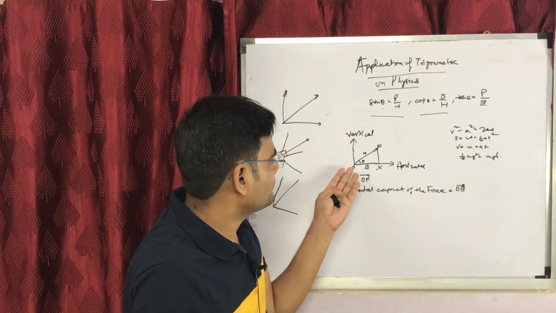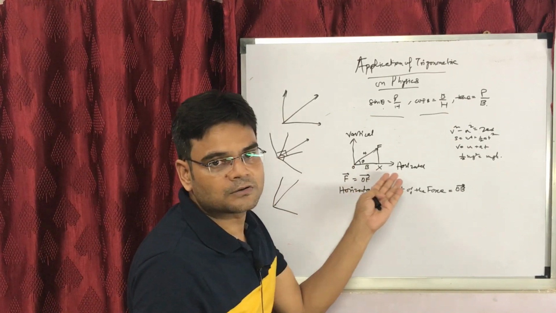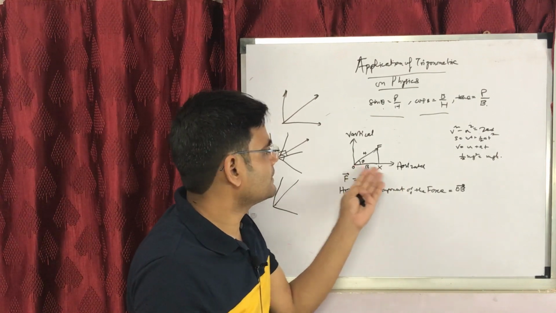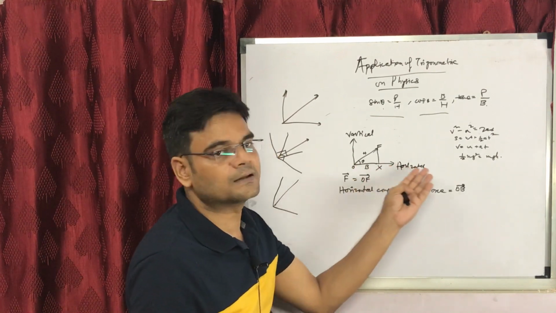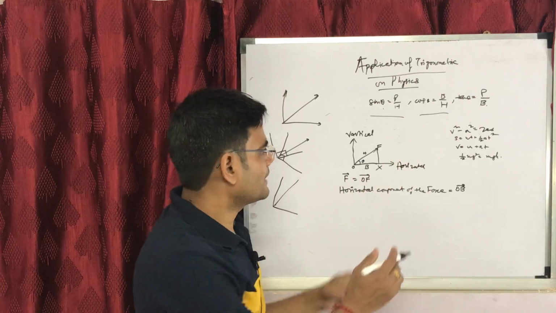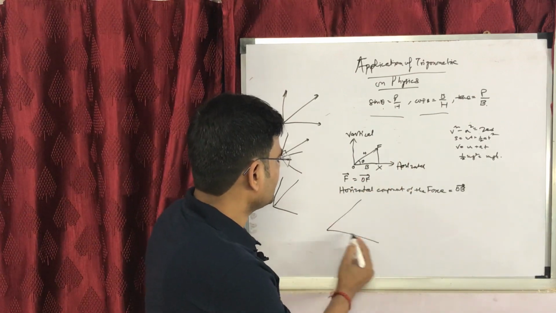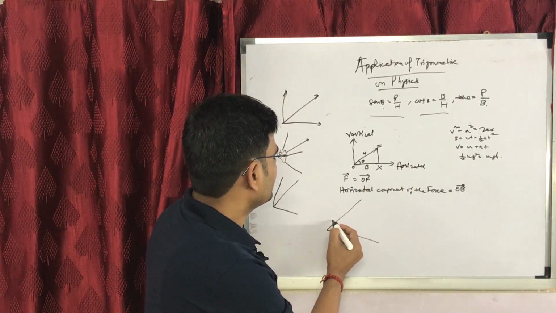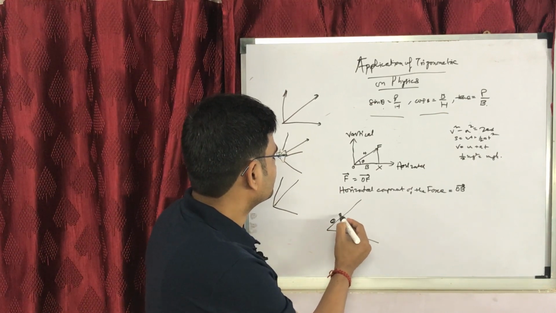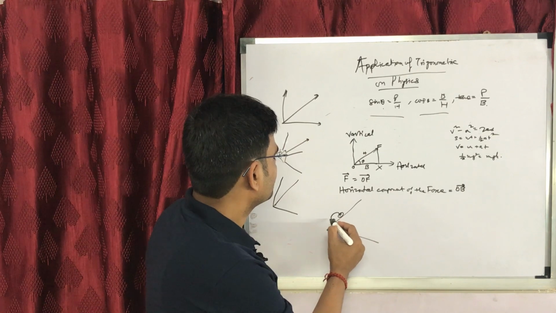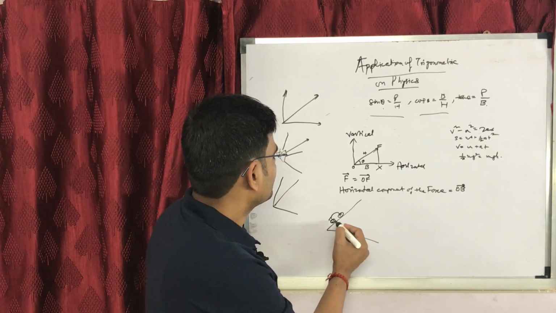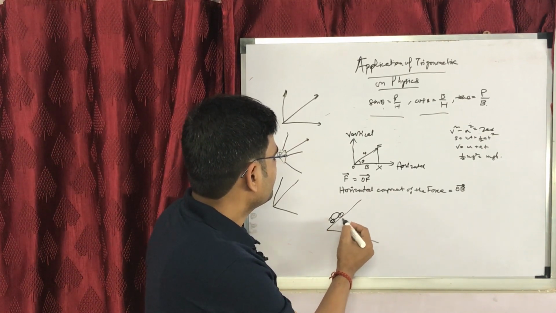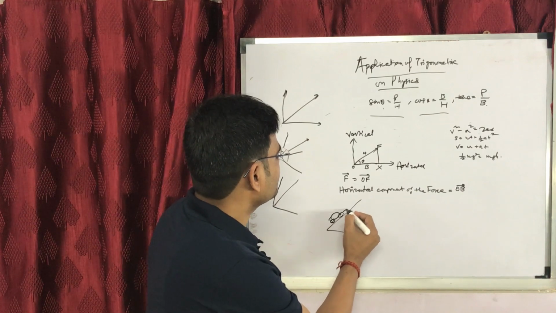So we have horizontal component, like you are considering frictional force. If a car is moving like this, say on an inclined plane, a car is moving. I don't know how to draw a car, but it's something like this, right? Now the car is moving in this direction.